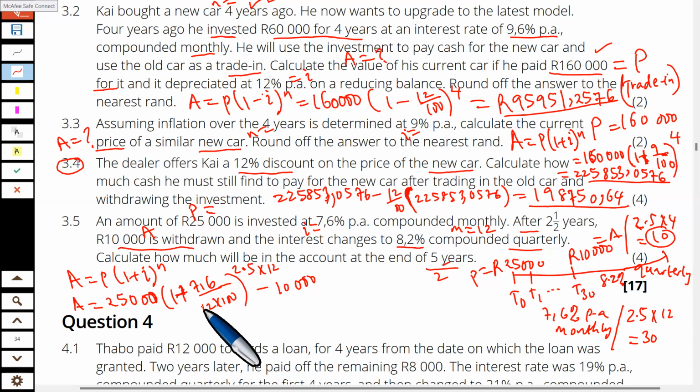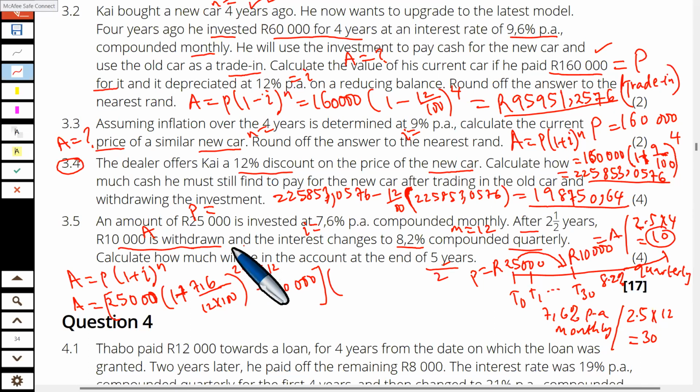You take this 25,000, you push it to the power 30, and then when you get there, you minus 10,000, because if you go to the bank and withdraw money, you remove the money. After minusing the 10,000, the investment continues.